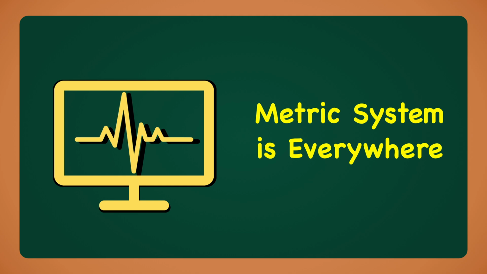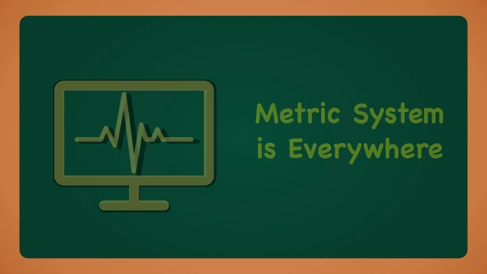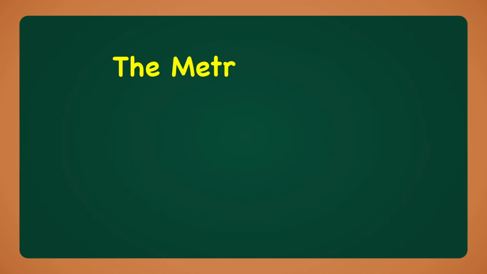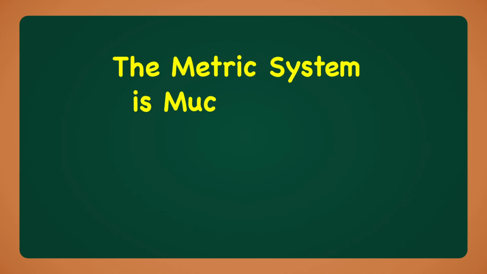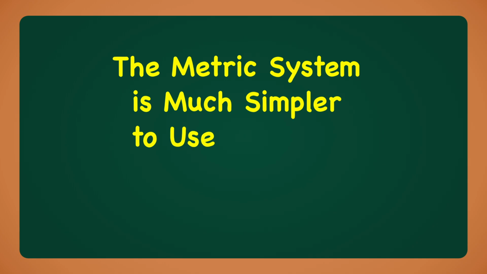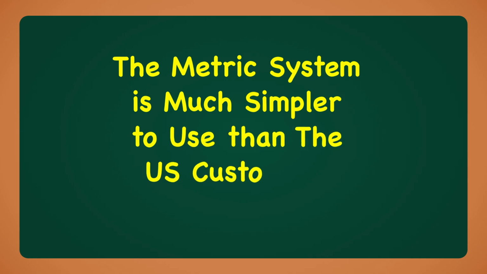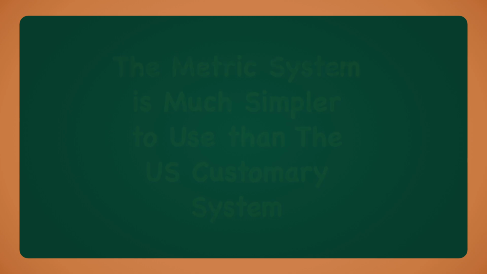Every stimulation current, every EEG amplitude, every latency measurement, every electrode impedance, and nearly every specification in our equipment is expressed using metric units. Fortunately, once you understand how the system is organized, you'll discover that it's actually much simpler than the U.S. customary system most of us grew up using. Everything we'll cover in the remainder of this lesson builds on that simple idea.